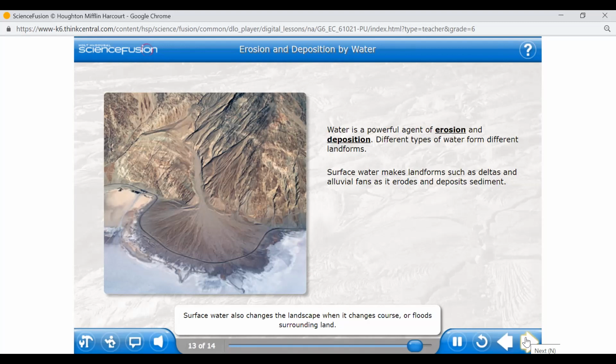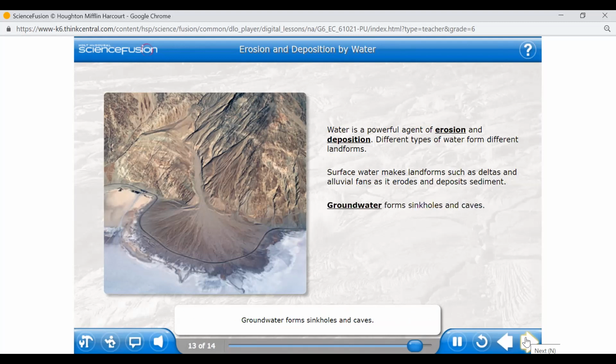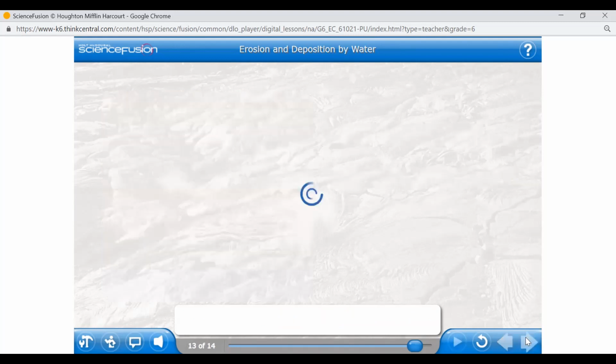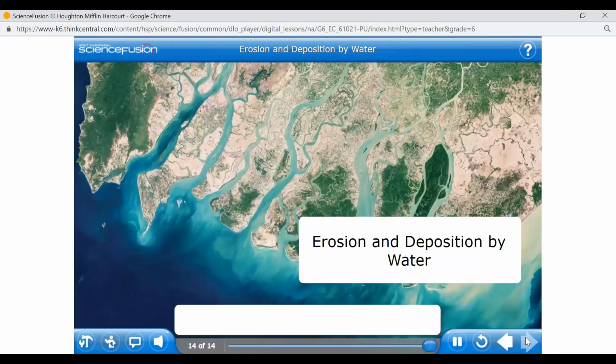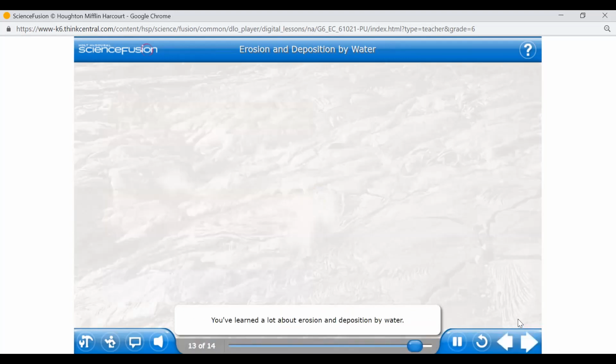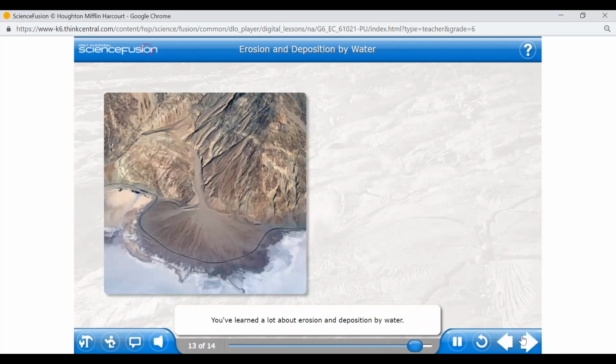Surface water also changes the landscape when it changes course or floods surrounding land. Groundwater forms sinkholes and caves. You've learned a lot about erosion and deposition.